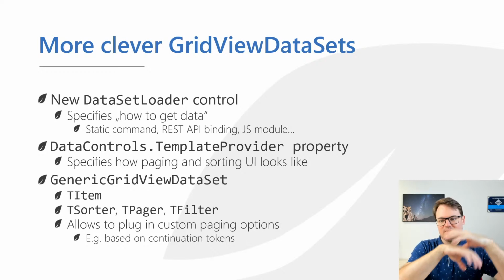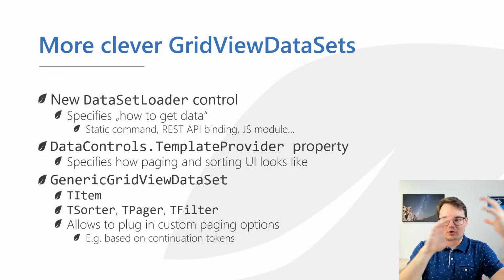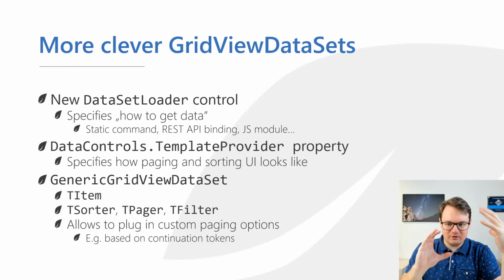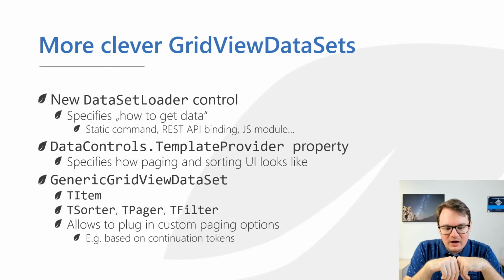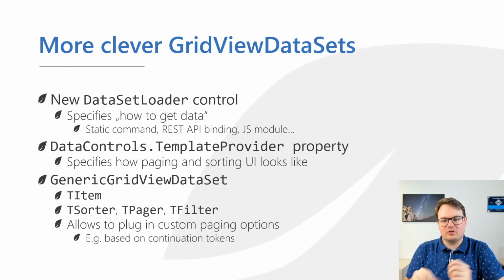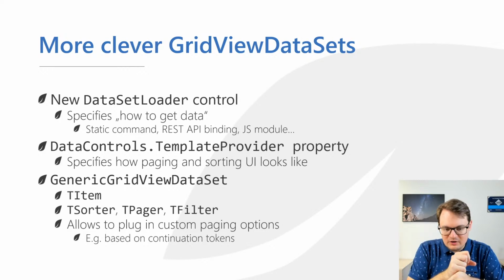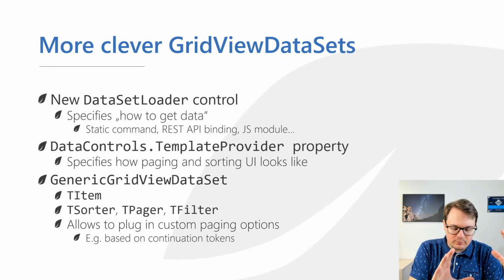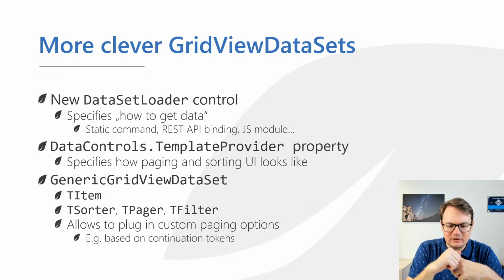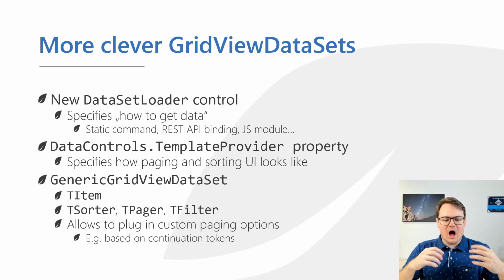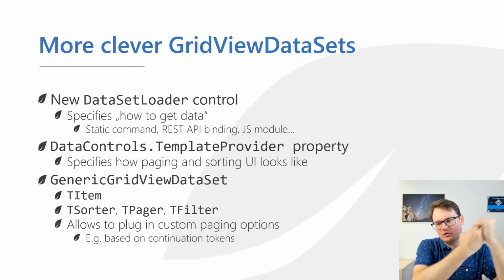So basically that's something like a request, a query definition. It shouldn't contain logic on how to load this information. This should be somewhere else. The dataset should tell what you want to display, and the dataset loader should tell how to get this data based on the definition in the grid view dataset.